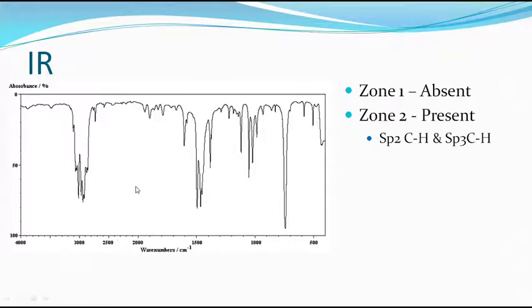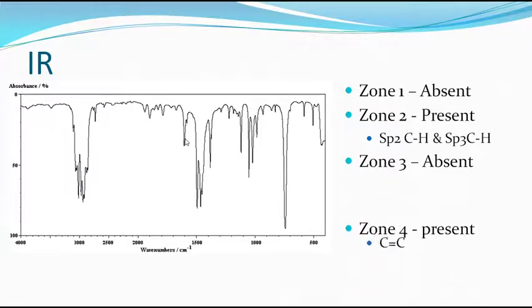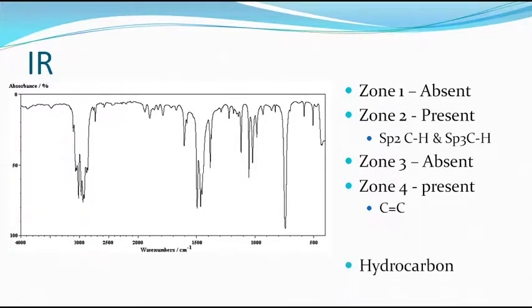Zone 3 at around 2000 is absent, and there is a small peak in zone 4, the double bond region. It doesn't look like a carbonyl, so it is a C=C double bond.